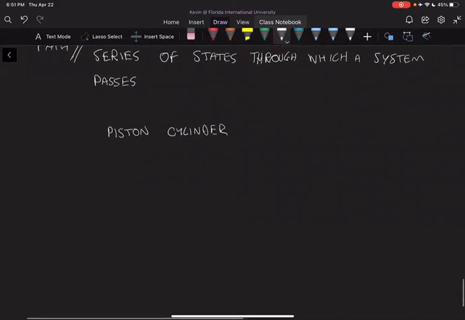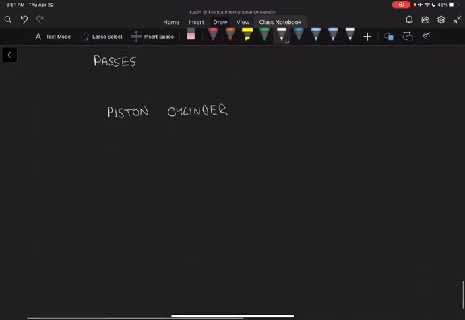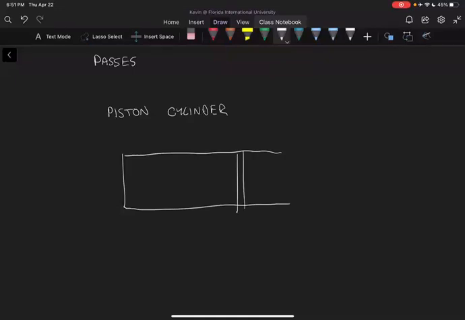So let's say we have a piston cylinder, and I'm going to put it sideways just for illustration purposes. So we have a piston cylinder with a piston starting here, and our system is defined by the boundary drawn above, which is going to be on the surface of where the limit of the mass is.